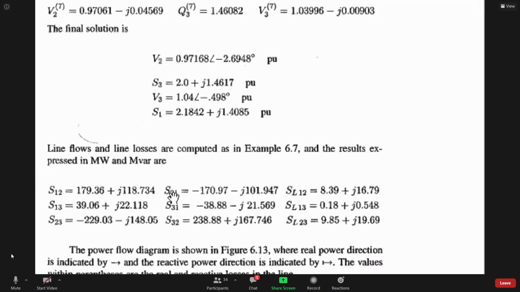So when you complete the calculation, you have to draw the power flow diagram now. Up to now, you have the idea of the impedance diagram, admittance diagram, and reactance diagram. Now you have to draw the power flow diagram. Can you complete the power flow diagram from the given complex power information?